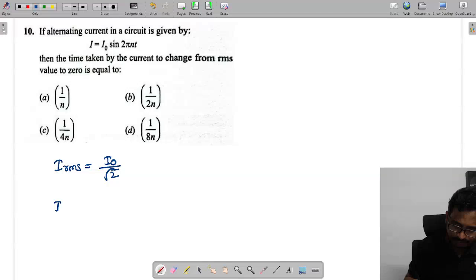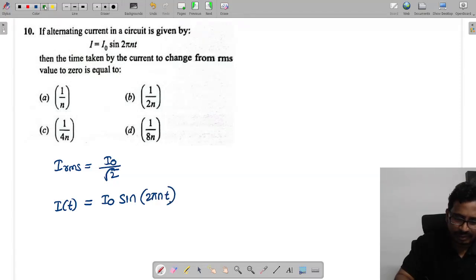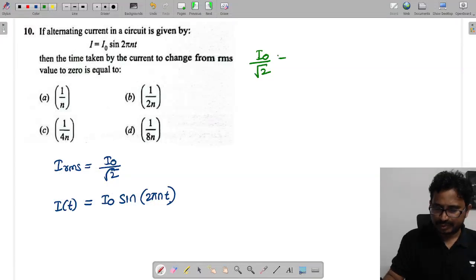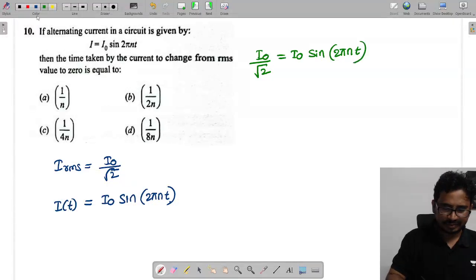So I of t is given as I naught into sine of 2 pi nt. The value is changing from 0 to the RMS value, so I naught by root 2 equals I naught into sine of 2 pi nt.